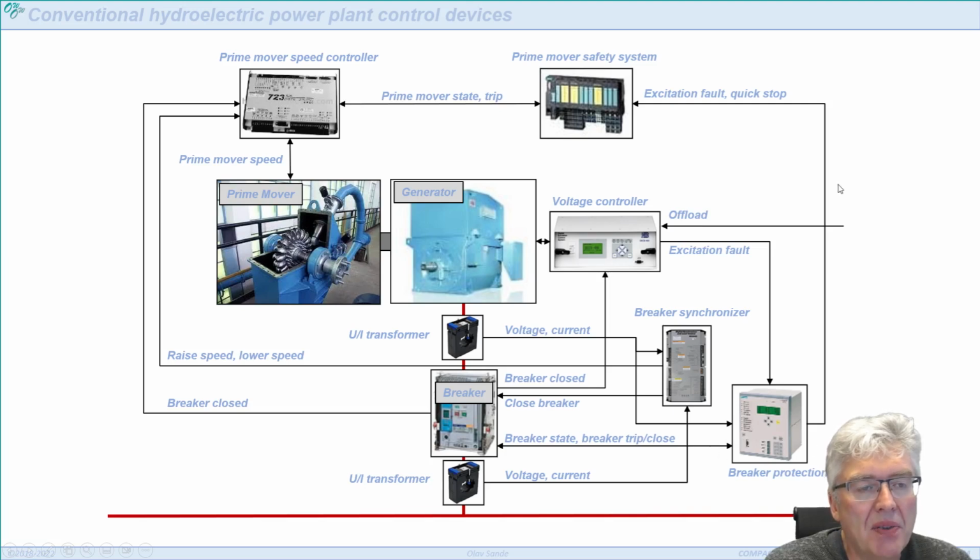And these interact. For instance, if you have a de-excitation on the generator, you should stop the turbine, things like that. And to offload when you want to open the circuit breaker, you have to reduce the voltage, and so on.